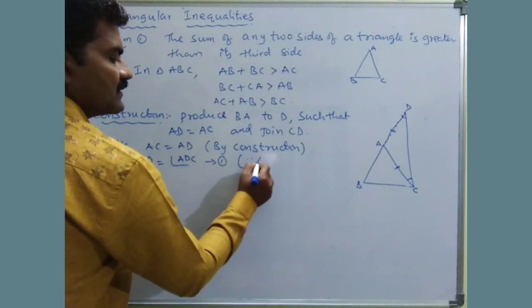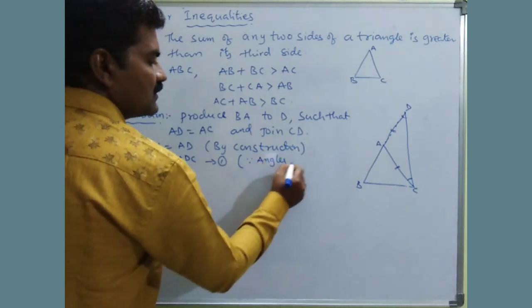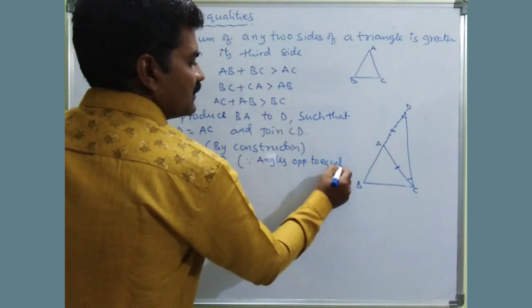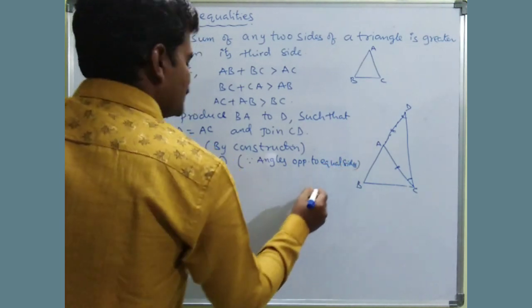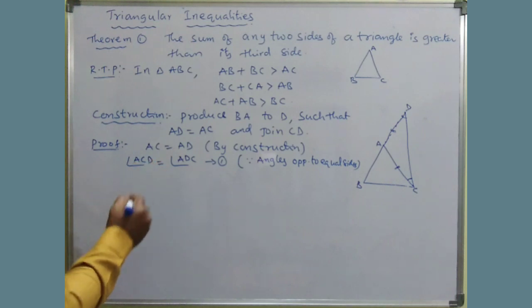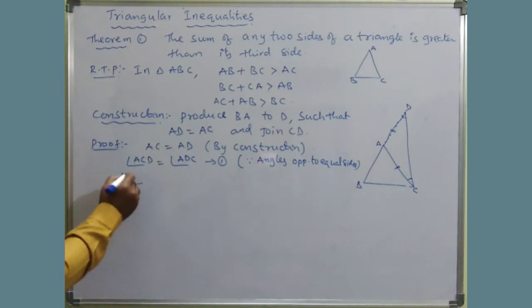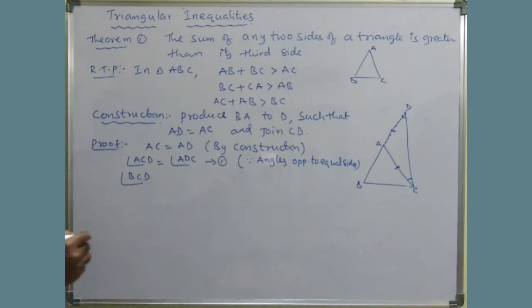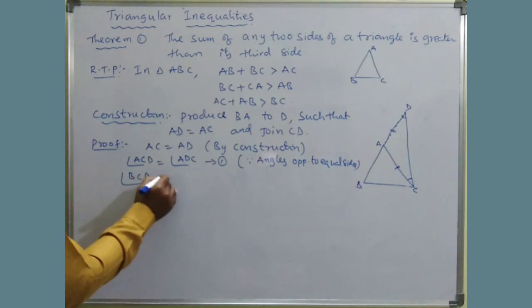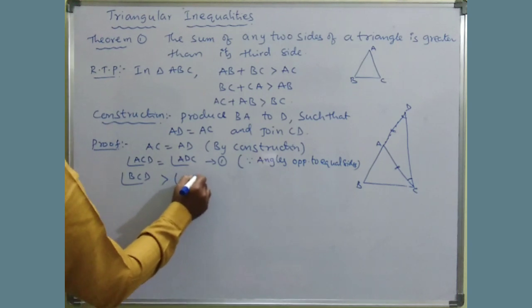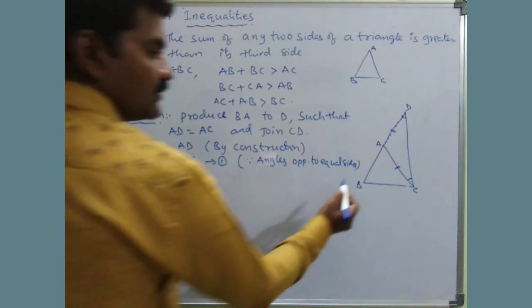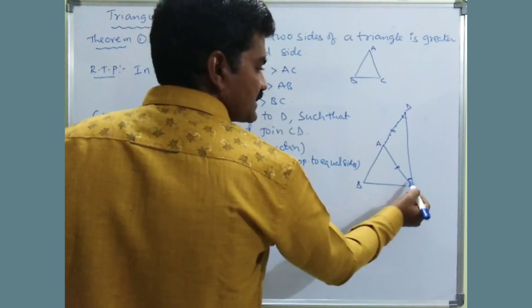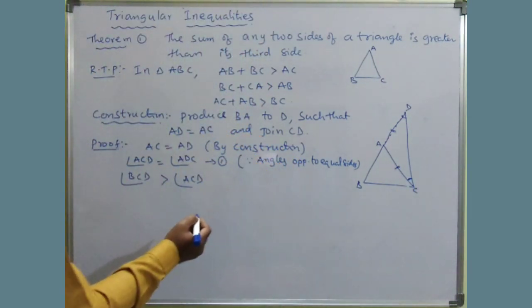So mention that angles opposite to equal sides are also equal. And you see children, here can I say that angle BCD is greater than angle ACD. BCD whole angle will be more than this part.